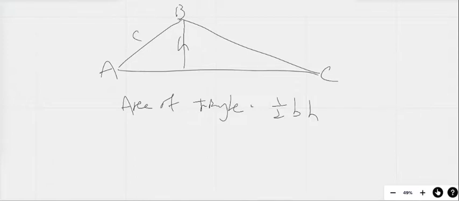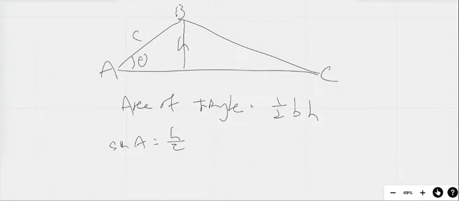In this one, what if we use sine to get the height? We can use this side and use sine. What does sine of angle A equal? So sine A is equal to h over c.